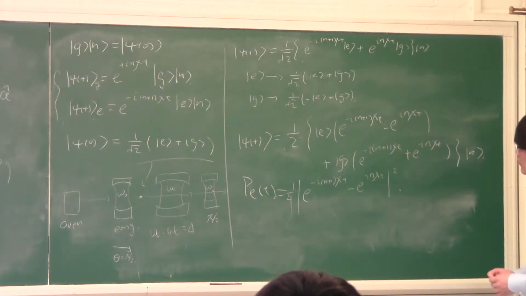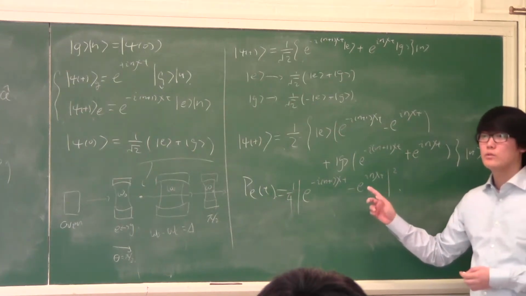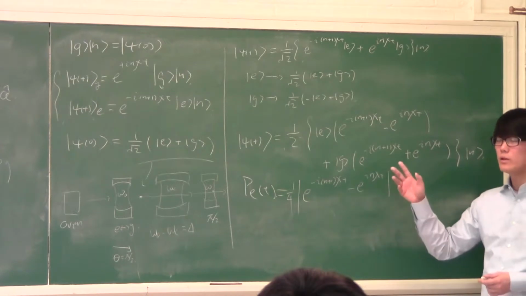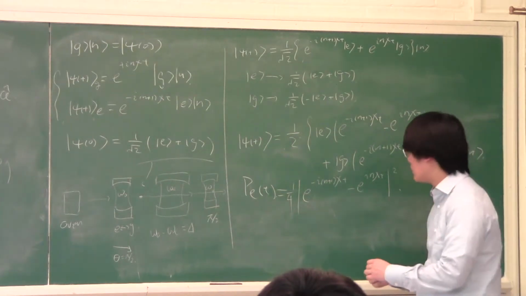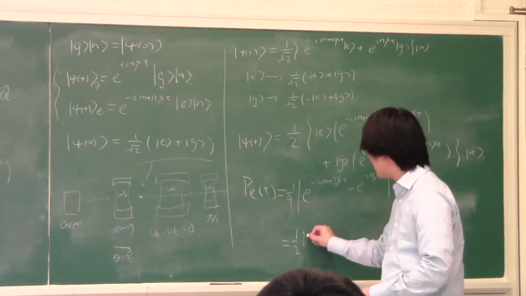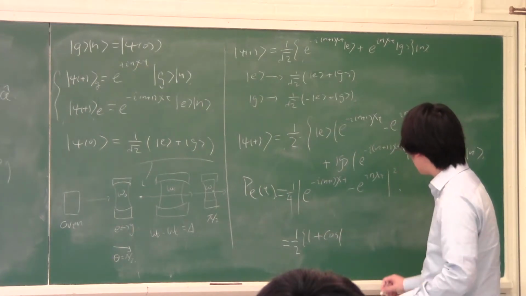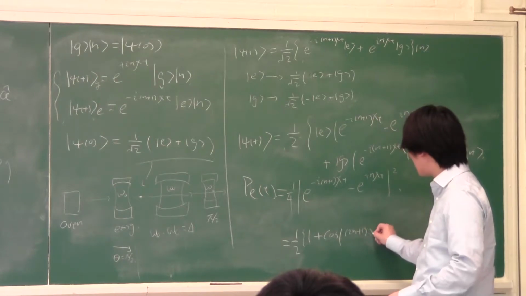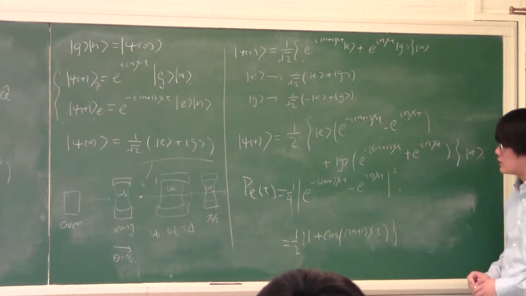Once I do that, the sine squared is going to go into 1 minus cosine, I mean 1 plus cosine, of twice whatever is inside. So this is going to give you 1/2 (1 + cosine of, I believe, (2m+1)πt), which is just a trig identity again.